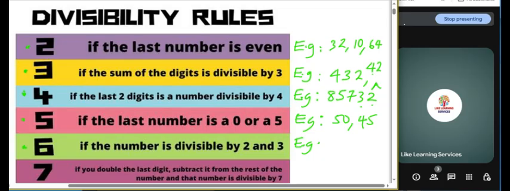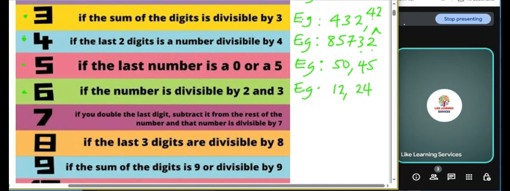Like 12. 12 is divisible by 2 and divisible by 3. Like 24, and so on. Once it is divisible by 2 and divisible by 3.